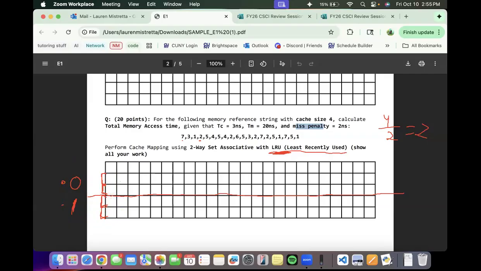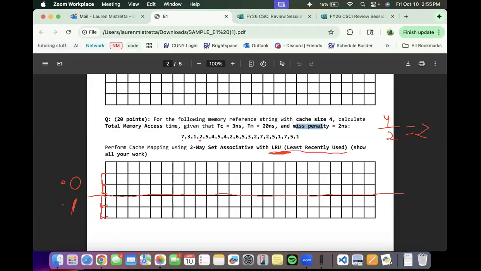And now you can have as many sets as you want. Usually a problem will say 2, 3, or 4 sets. It's not going to be more than that. And you can also think about this: if I had 4-way set associative, that's literally just saying now I have 4 sets. That's just like 4 caches, which is basically just direct mapping at that point.